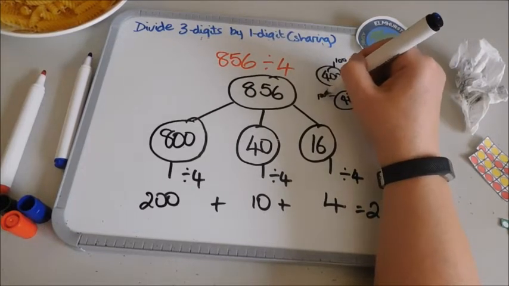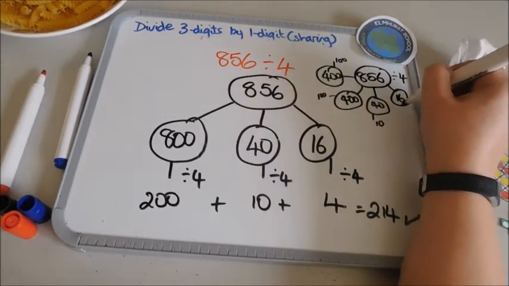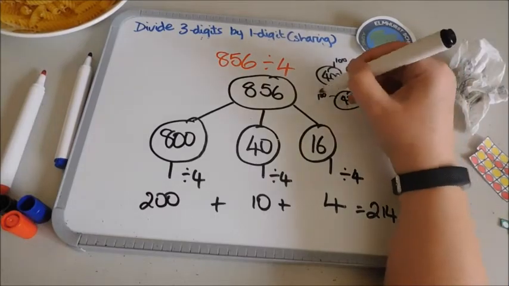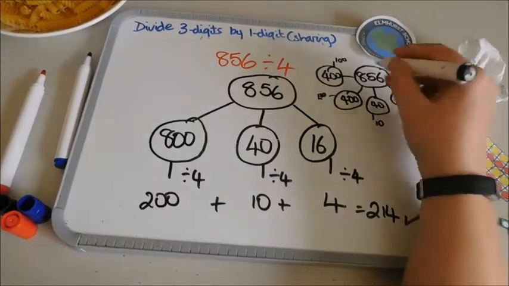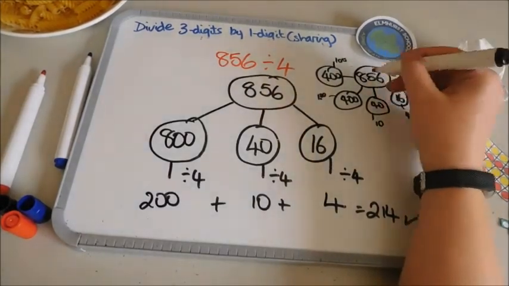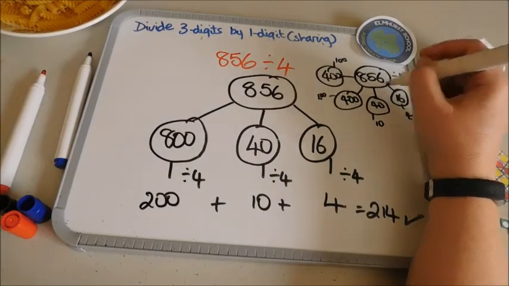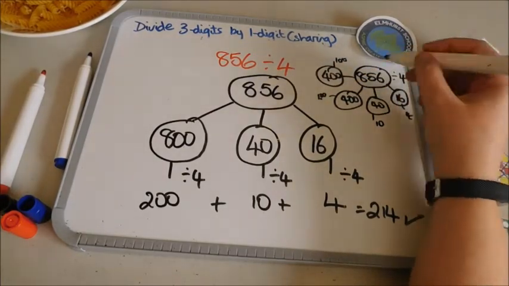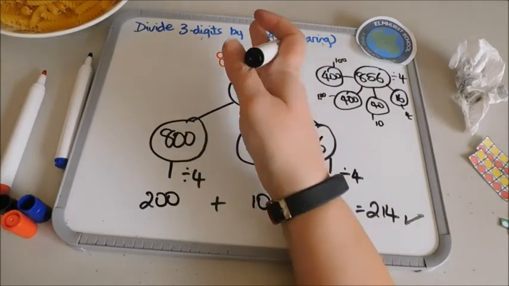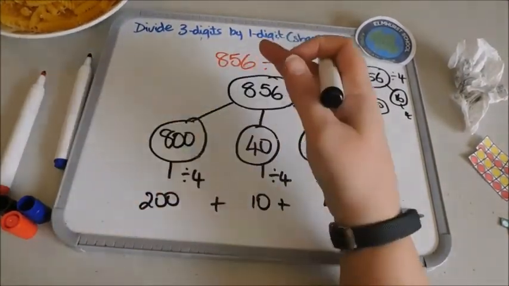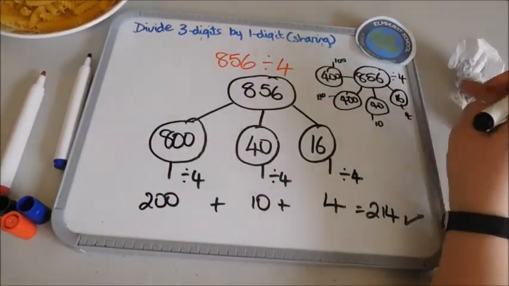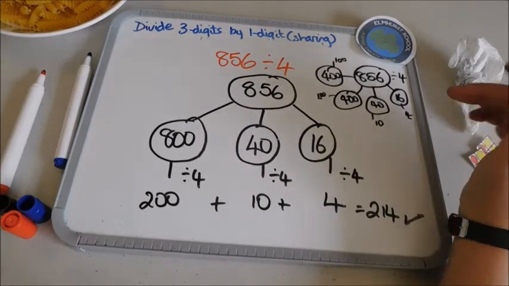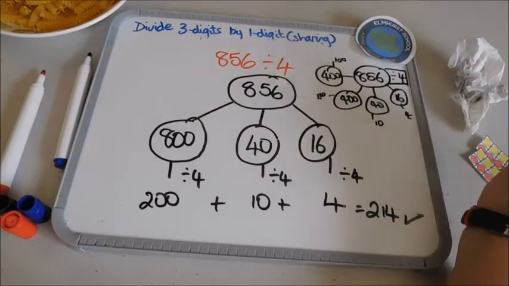That will be 100. That will be 10, and that will be 4. 214. So it doesn't matter how you partition the numbers. You don't have to just do the 850 and 6. You can actually partition it in whichever way that works for you, considering the multiplication tables.